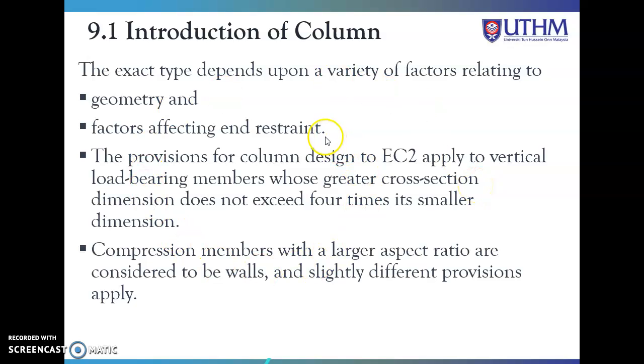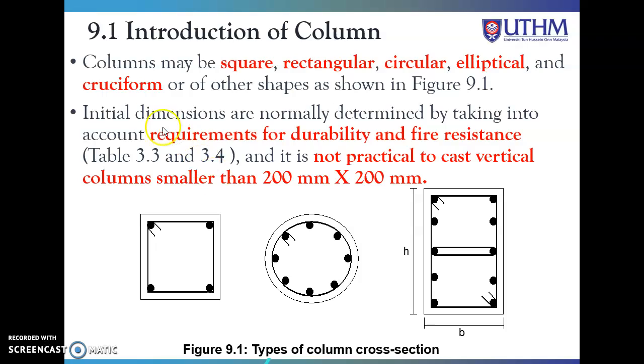So tadi ada 4 jenis. So kita nak verify dia tu depends on beberapa factor. Ada geometry, factors affecting and restraint. So you guys boleh baca kat sini apa yang menyebabkan types of columns tu. So columns ni, there are variety of columns.